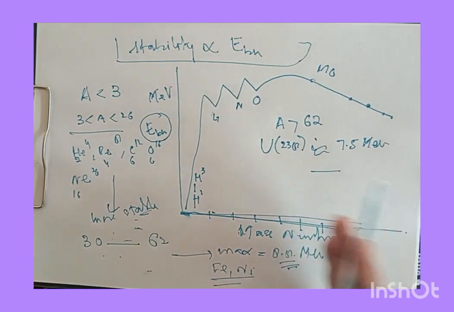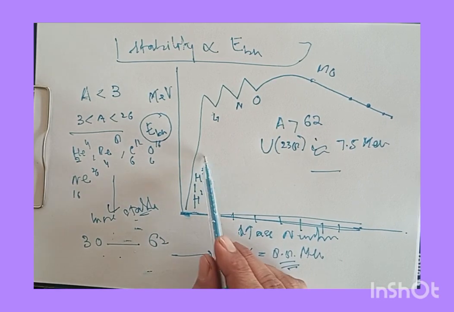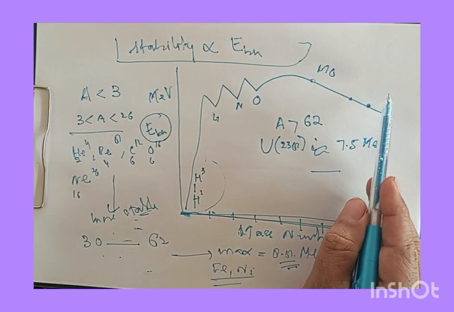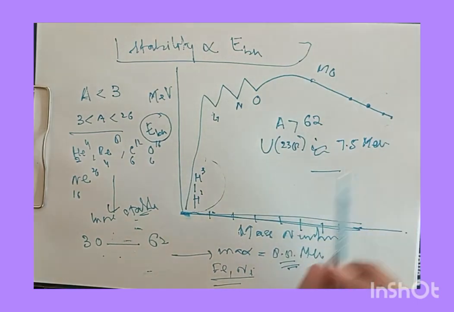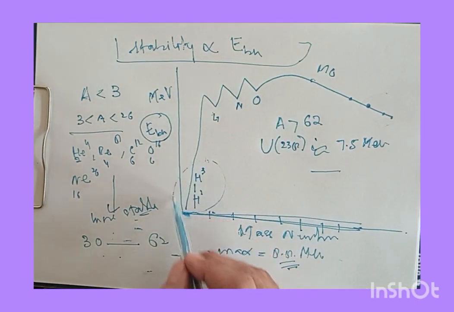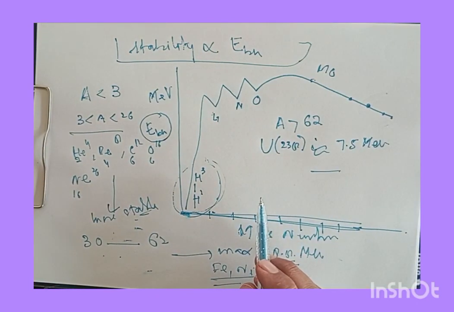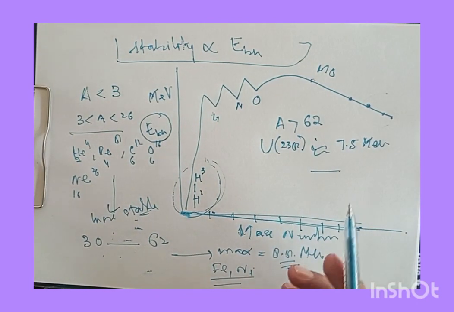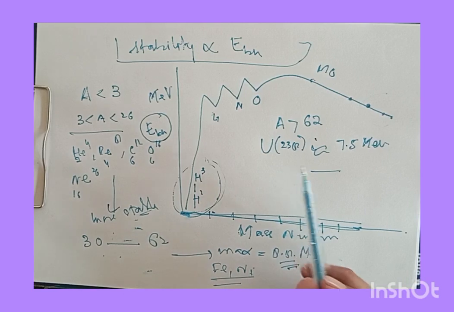The binding energy per nucleon has a low value for both lighter elements and very heavy elements. So the lighter elements and the heavy elements are unstable because their binding energy per nucleon is less.